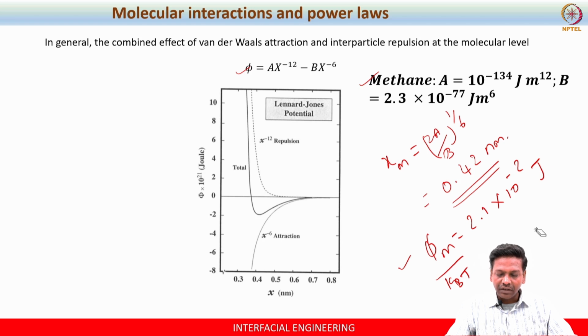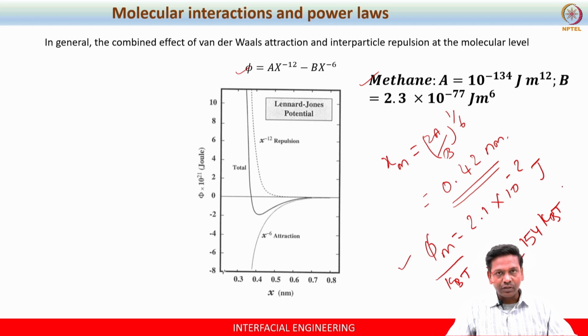So you can relate this pi m with KBT. If I divide this by KBT, I get 154 times KBT. So this pi m, the minimum interactive energy, is at least 154 times KBT.